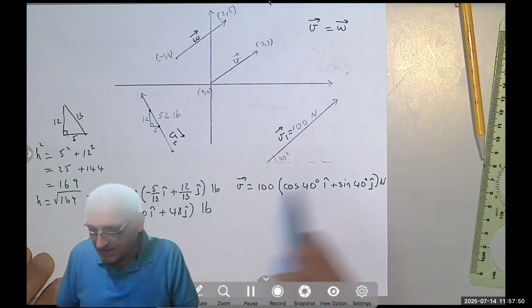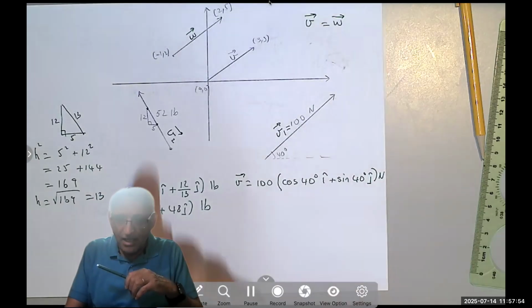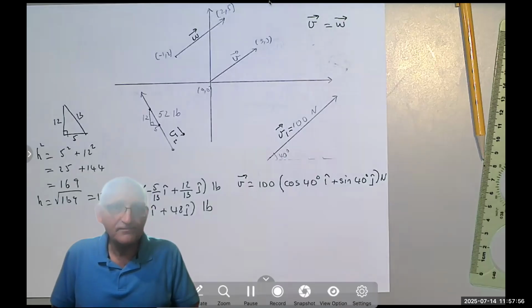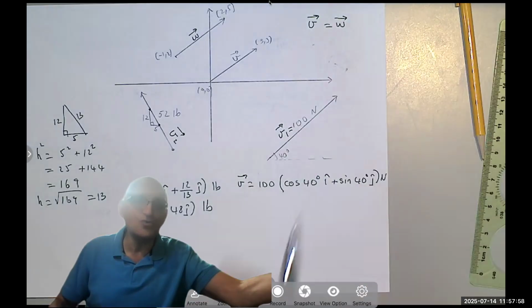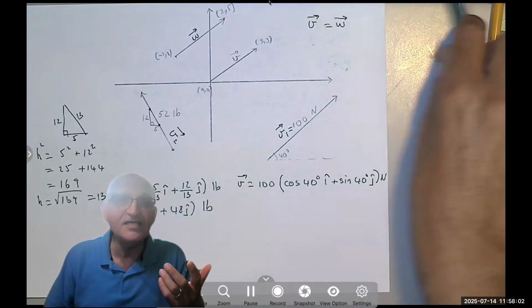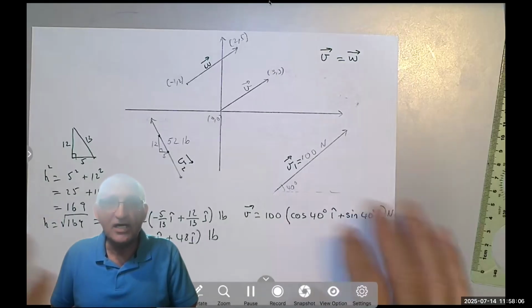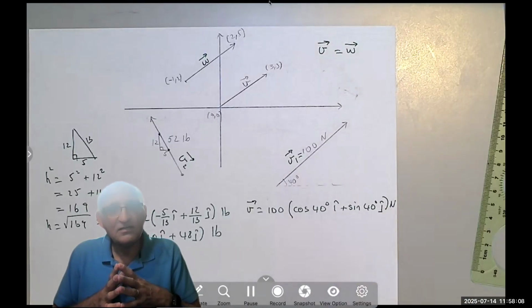What is 100 sine 40, and add 48 to that. I will get the sum of these two vectors, or the difference, or twice the first plus the second, or whatever you want. So any linear combination is very easily done. I think I will stop here so I don't make it a very long video.